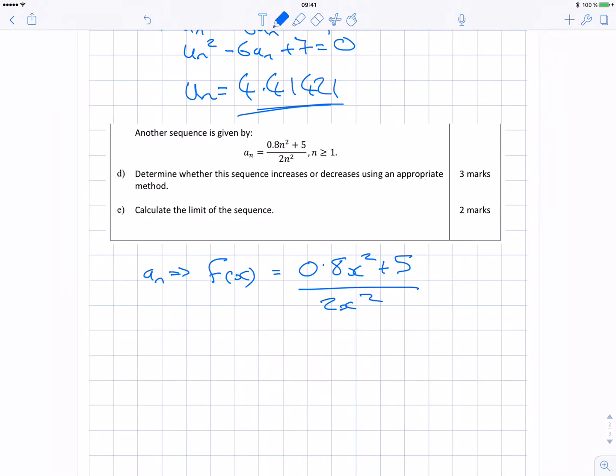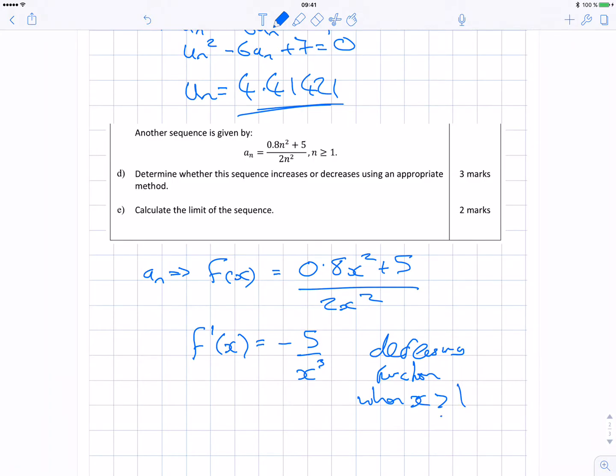To get my answer, that derivative is equal to minus 5 over x cubed. So the gradient is negative. So if the gradient is negative, it's a decreasing function when x is greater than 1.